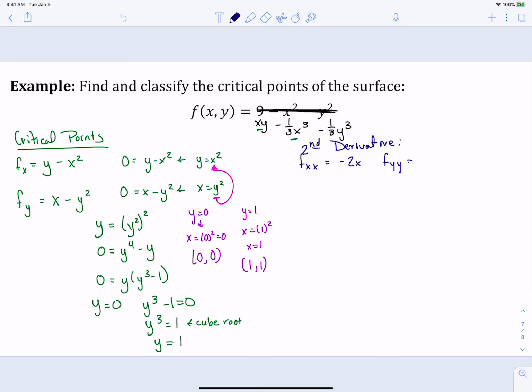F of y y is going to be, let's see, derivative of x is 0 minus 2y, and f of xy is going to be 1, because the derivative of y is 1, and then the derivative of x squared is going to be 0, because that's going to be a constant in this case. So that determinant D in this case is going to be negative 2x times negative 2y minus 1. So let's see, we're going to get 4xy minus 1.